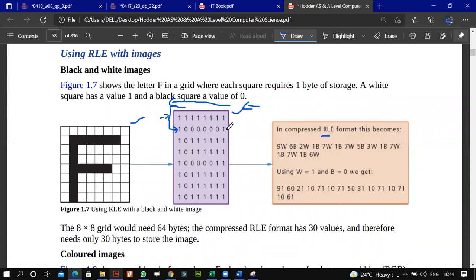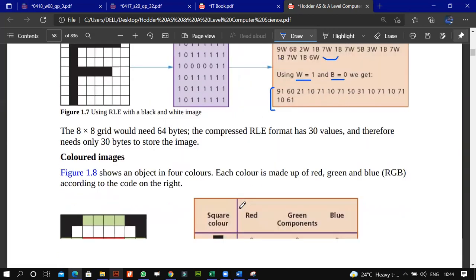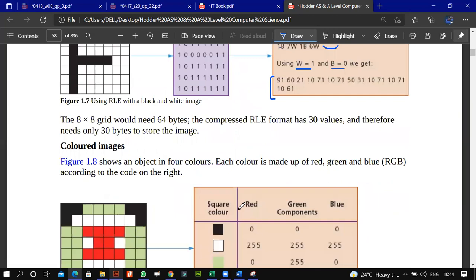Then I have 2 white, and then 1 black, 7 white, and so on and so forth. White is 1 and B is black. So this is how we've been able to compress it, instead of writing so many characters. In colored images, that's the way it works.